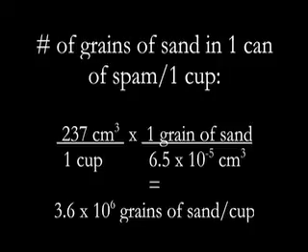Now let's calculate the number of grains of sand in 1 can of Spam, which is approximately 1 cup. We'll take 237 centimeters cubed over 1 cup times 1 grain of sand having a volume of 6.5 times 10 to the negative 5th centimeters cubed. That gives us 3.6 times 10 to the 6th grains of sand per cup.